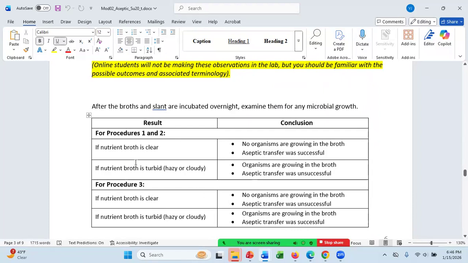If the nutrient broth is clear after a day of incubation, you take a look at this table to get the results and then the conclusions. If the nutrient broth is clear, then no organisms are growing in the broth and aseptic transfer was successful. If, on the other hand, for procedure 1, the nutrient broth is turbid, meaning hazy or cloudy, organisms are growing in the broth and aseptic transfer was unsuccessful.